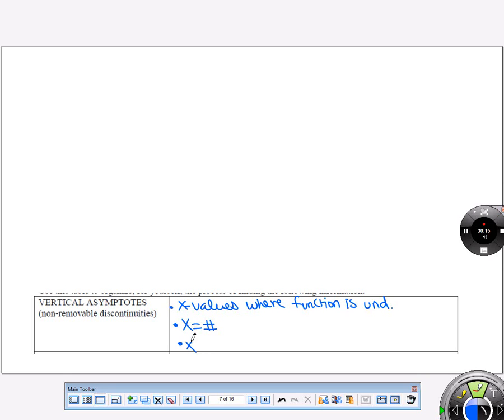That's the same as saying the x value that makes the denominator equal 0. If you set your denominator equal to 0 and solve, those are the values we can't use and need to mark as vertical asymptotes. This is the same as what we discussed yesterday. Our denominator could be more complicated, but it's the same idea.